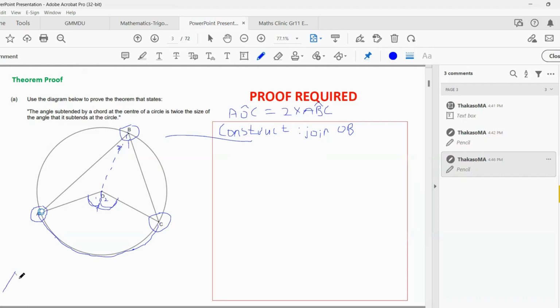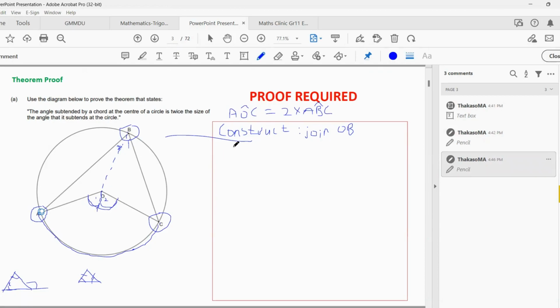We know that an exterior angle of a triangle is equal to the sum of the interior opposite angles. We also know that a triangle with 2 equal sides gives us equal angles. We call that an isosceles triangle. That's the knowledge from previous grades that we're going to make use of.